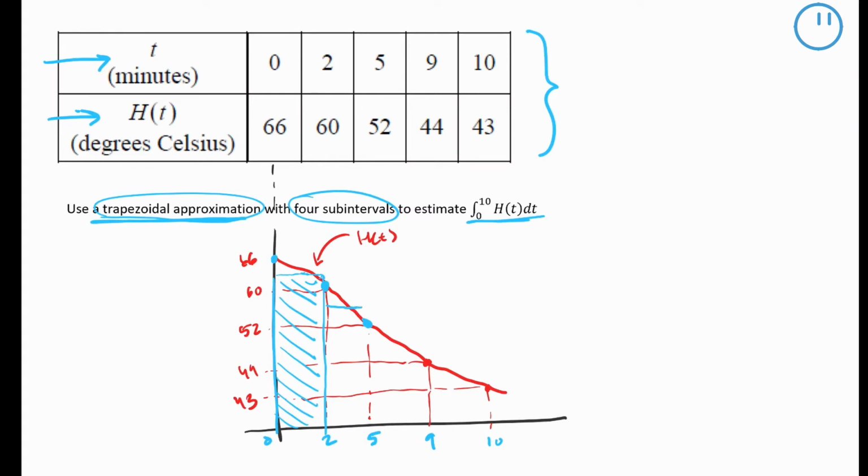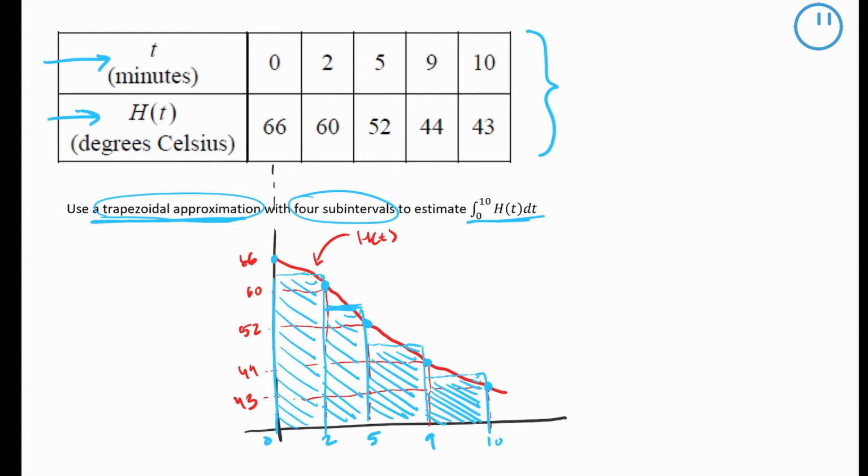The average looks like about there. And this is going to be the height of our next rectangle. And then we'll do the same thing for the next interval. We'll take the average of these 2 points and use that as the height for our next approximating rectangle. And lastly, for this last interval, we'll use the average of these 2 points as the height. And this is the area for our last approximating rectangle.